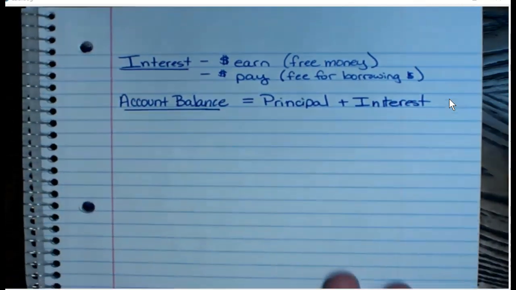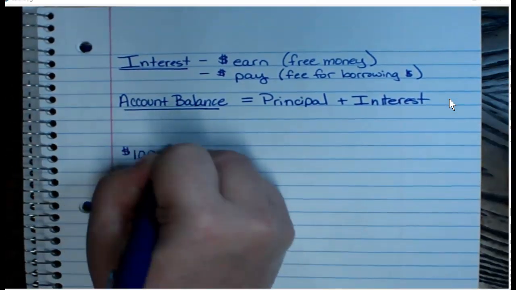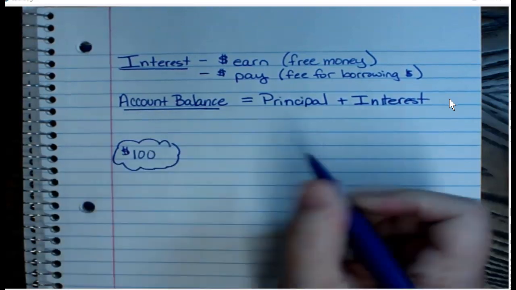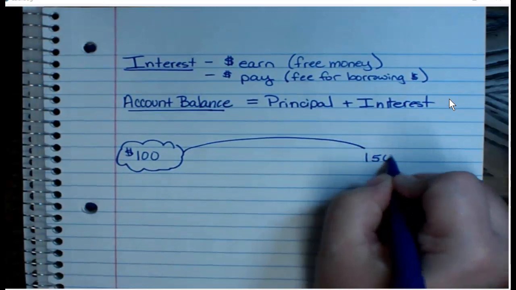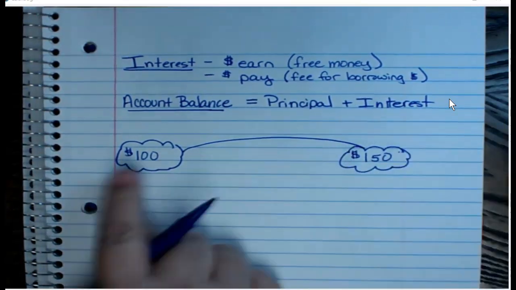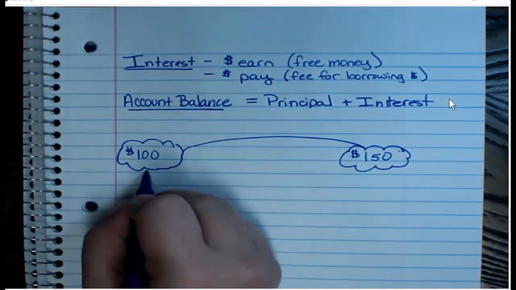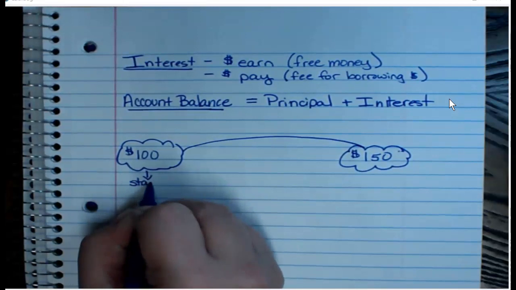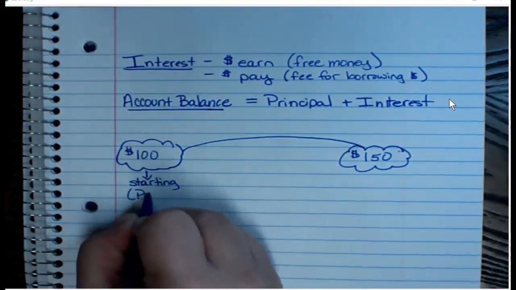Let's put this in a visual. Let's say we start off with $100. And after some time, I have $150. Maybe I'm starting out, I'm putting $100 into my savings account. So this is my starting amount, which we all know is called our principal.